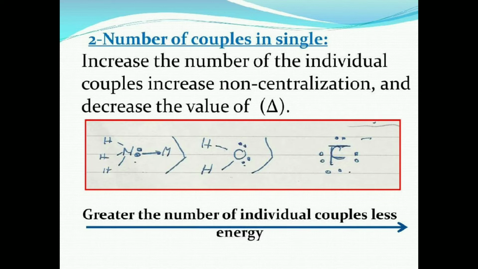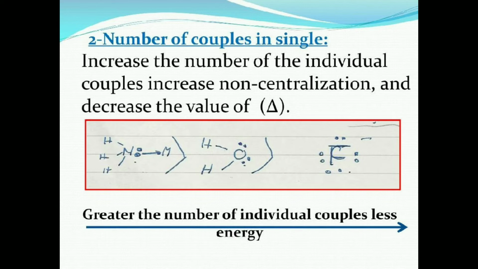If you look here, the first complex is NH3 coordinated to the metal, the second is H2O, and the last is fluorine. In the first structure, the number of lone pairs is lower.